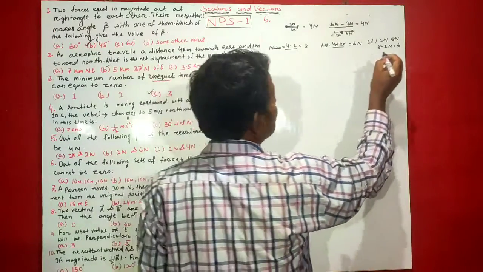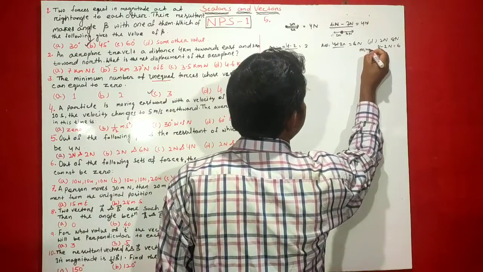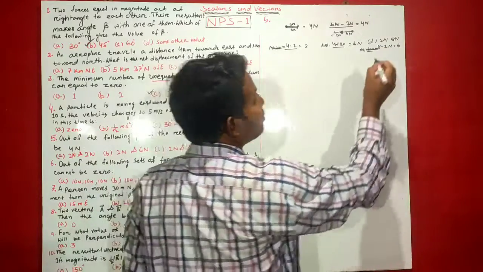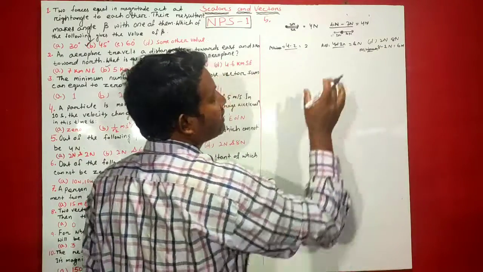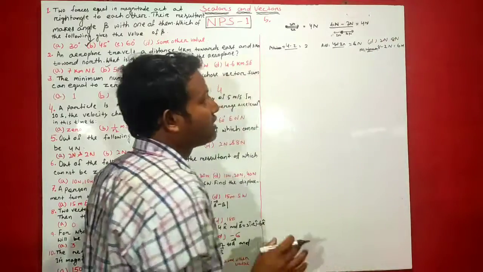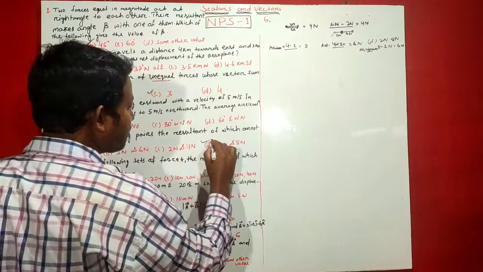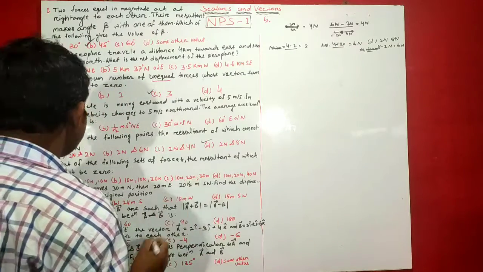So their minimum resultant will be 6 Newton. So it does not give 4 Newton. So our answer, according to the question, is D.